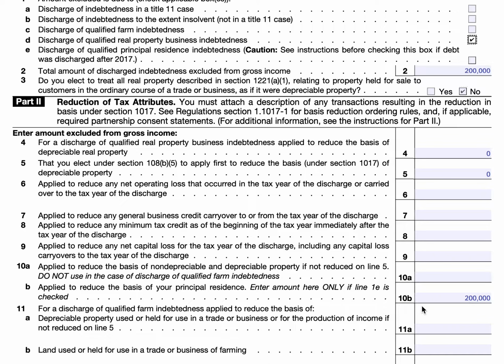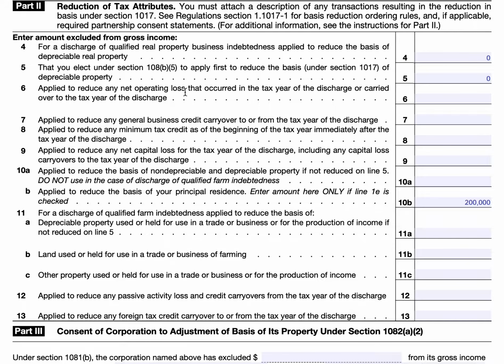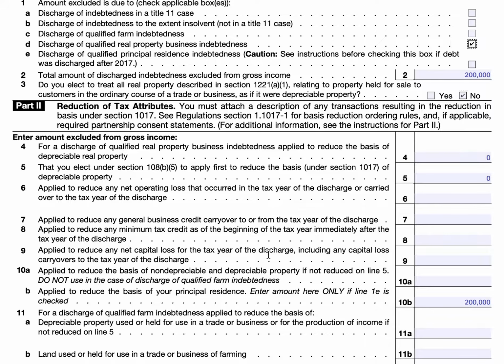You don't really get much of an option for items 6 through 13. They're based on ordering rules that are contained in Treasury Regulations 1.1017-1. This is the ordering rules.